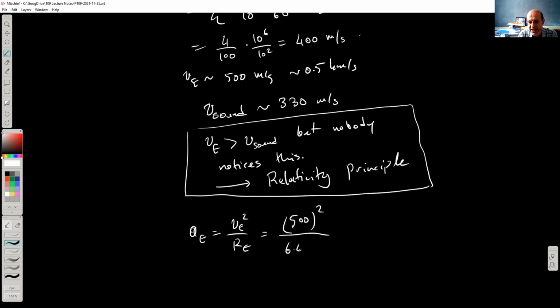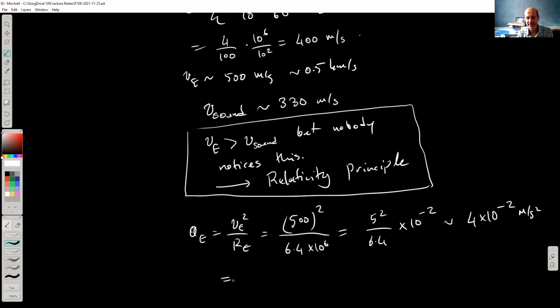So that's going to be 6.4 times 10 to the 6. So let's see, we have 10 to the 4. So that's 5 squared divided by 6.4 times 10 to the minus 2. This is like 25. 25 is like 24, and that's like 20. That's 6. So that's going to give me like 4 times 10 to the minus 2 meters per second squared. Sorry about this.